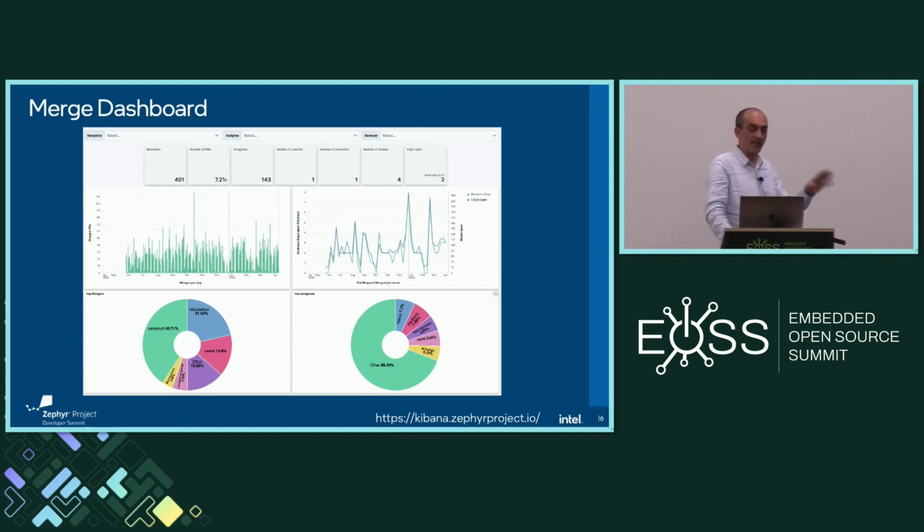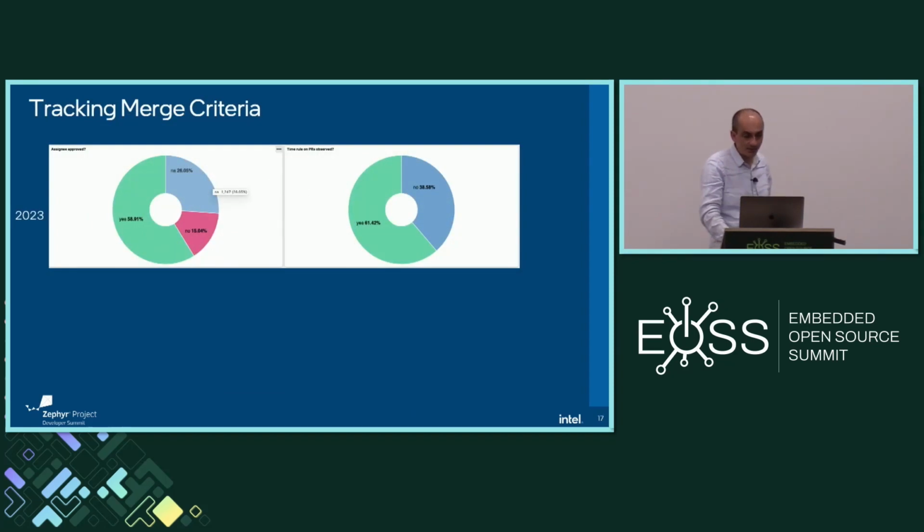People can see exactly what's happening over time, who is leading the charts in terms of merges, and who is leading in terms of submitting pull requests. It gives us an idea of how things are going, but it also shows us if we are violating our own rules. And this is the example here.